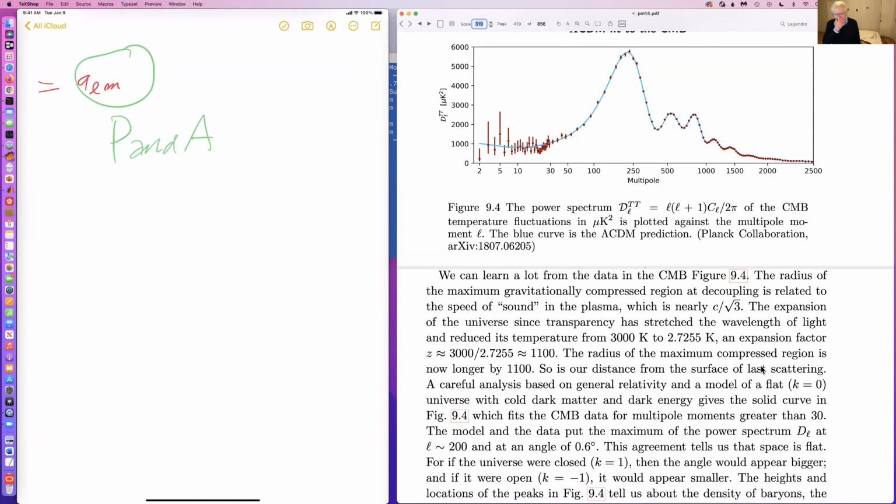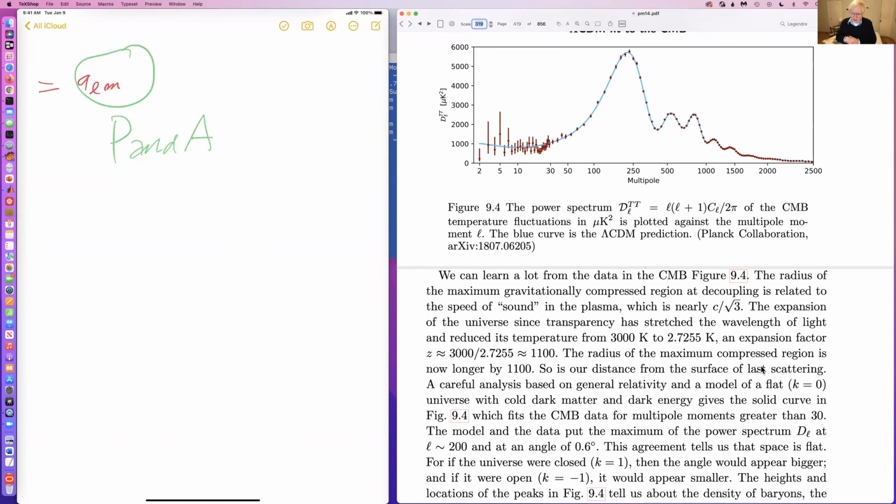So some things that we learned from the data and from the agreement, and what was used to derive that agreement, is first of all that the speed of sound in the plasma, the speed at which longitudinal vibrations progress in the plasma, is roughly the speed of light over the square root of 3.